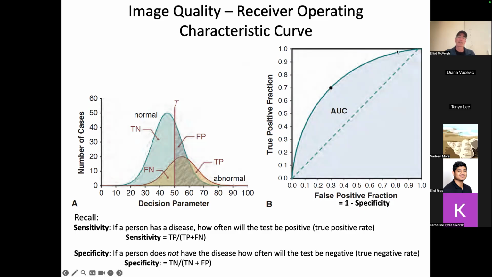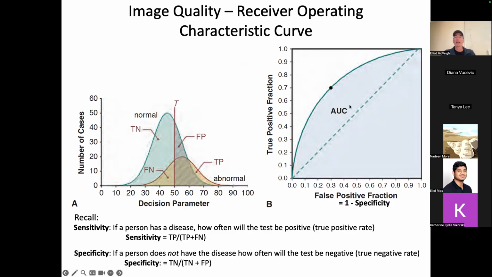And most of them look like this. They go out like that and then curve down this way until finally your threshold is all the way up there. You're not calling anybody positive down here. You're not getting any false positives, but you're not getting any true positives. So the question is where, when I move my threshold back and forth, I move along this curve, right?